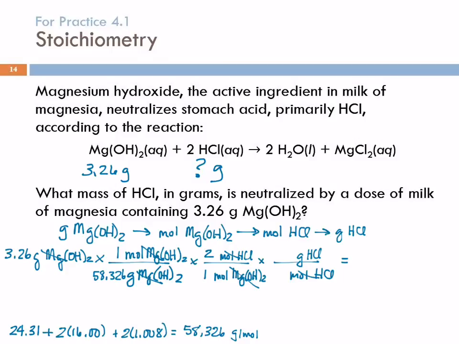And then I need HCl, 1 hydrogen and 1 chlorine. And I'm going to get 36.458 grams per mole. And that's not going to limit my sig figs either. Any questions?